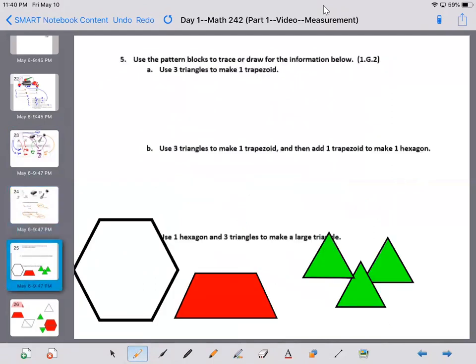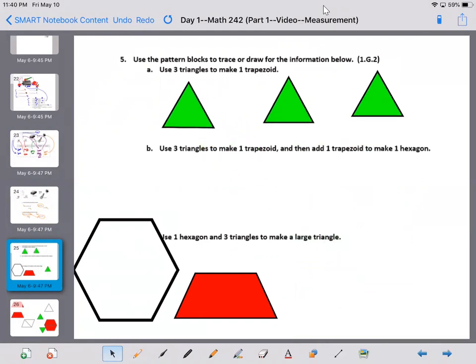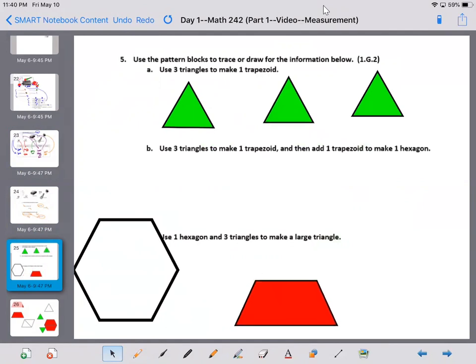The next activity is introducing pattern blocks to the students and having them build different shapes with composition. So you start to see, well, let's use the pattern blocks to trace or draw the information below. If I want 3 triangles and I see that I can get 3 triangles, now I want to think about, now how do I make the red shape? So if the red shape is a trapezoid and I've got 3 triangles, you think about how you can piece those together.